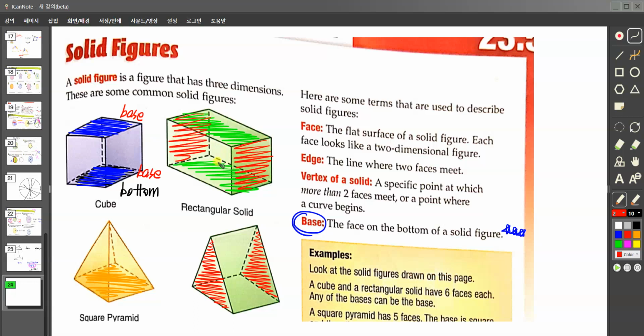Because bases have the same size and they should be parallel. Do you know what is parallel? Yeah, parallel. 이제 한국말로 평행해야 되는 건데요. 그래서 완전히 congruent 폴리건이고, 바로 그거야. Never meet each other. 절대 안 만나요.